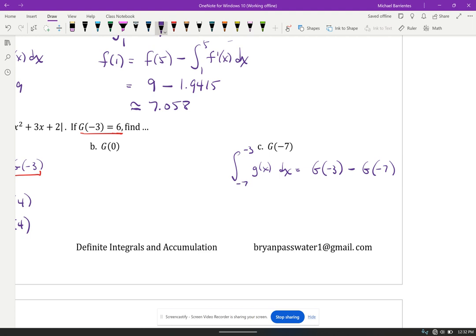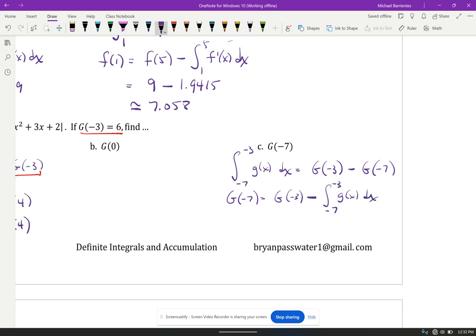Okay. Knowing that, I'm looking for G of negative 7, but I'm subtracting it. So let me add it to the other side, and then subtract the other term to the other side. Another way to think about it is I'm going to subtract this to this side and then change the sign so that I can change this negative into a positive. However you want to move it around algebraically, as long as you have G of negative 7 by itself, you'll have G of negative 3 minus the integral from negative 7 to negative 3 of g of x dx.